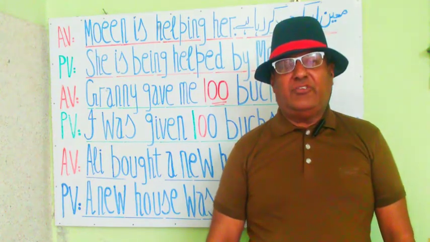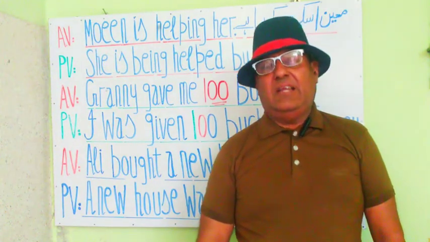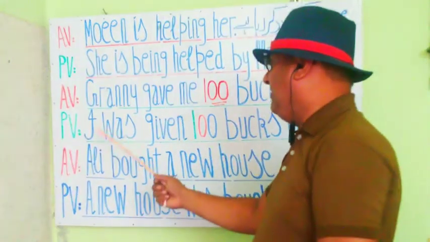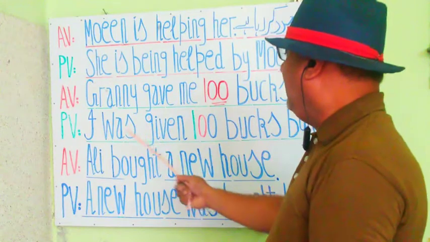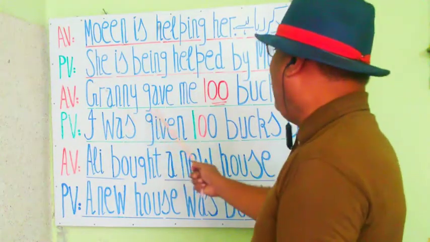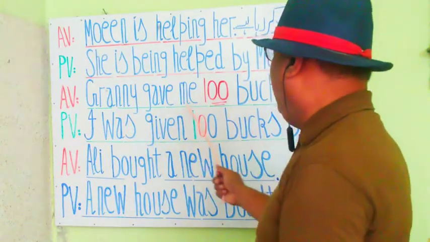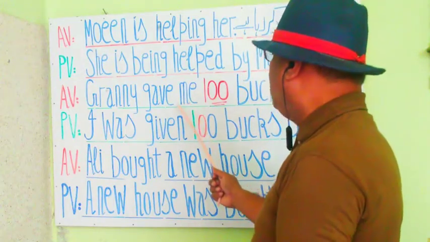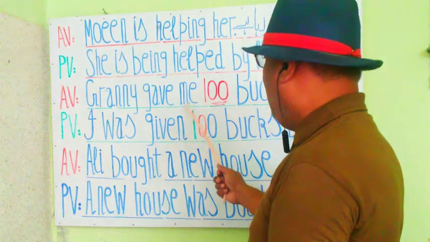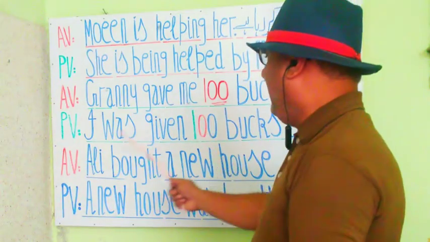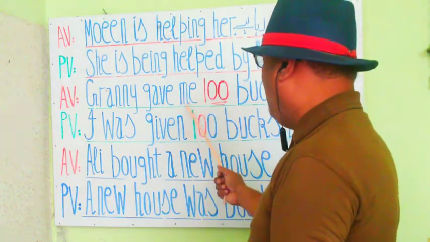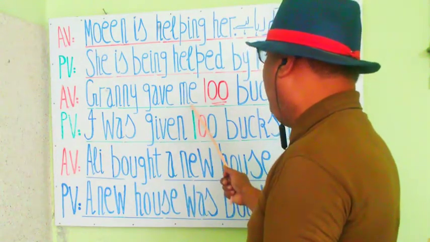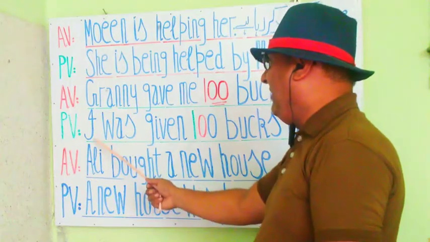Now see how it is going to change into passive voice. In the active voice, Granny gave me 100 bucks. Me is an object, so when we write the passive, me will become the subject. The subjective form of me is I, so we write I here.